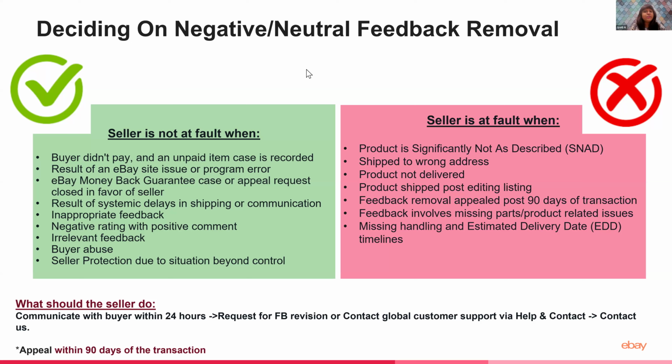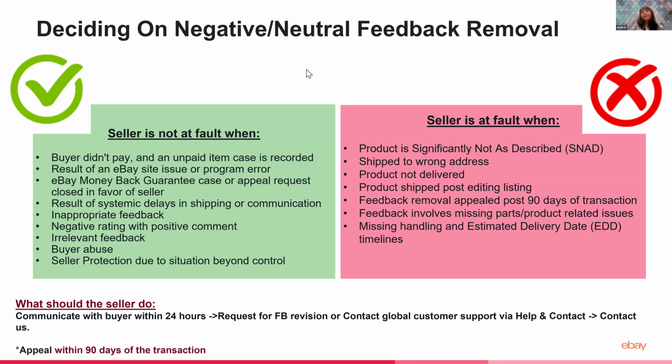Now, when will eBay consider you being at fault as a seller? Well, if the comment clearly states that the product is significantly not as described, or that it was shipped to a wrong address, or the product was not delivered, or the product was shipped after editing the listing, or the feedback removal appeal was done post 90 days of transaction, it is understood that the seller is at fault.